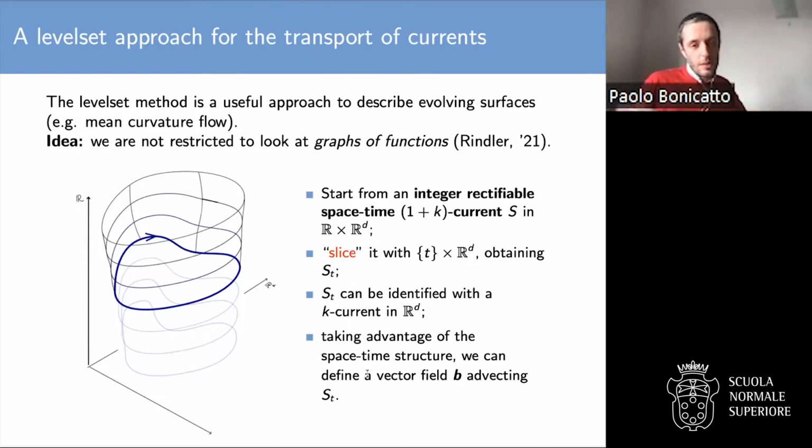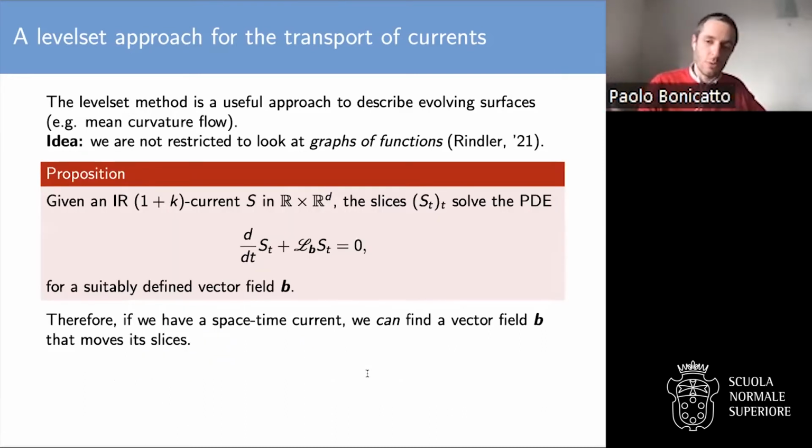So essentially this recipe that I've just presented solves the problem whenever we have a space-time structure, right? So the lemma that we have obtained is that whenever we start from an integer rectifiable k+1 current, we can find a vector field B, which is advecting its slices.